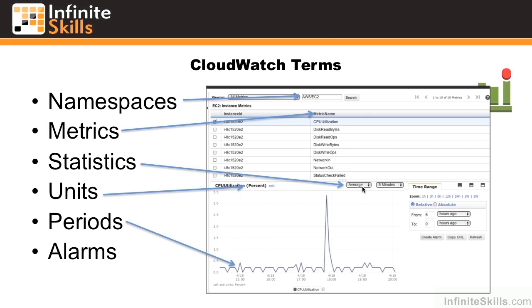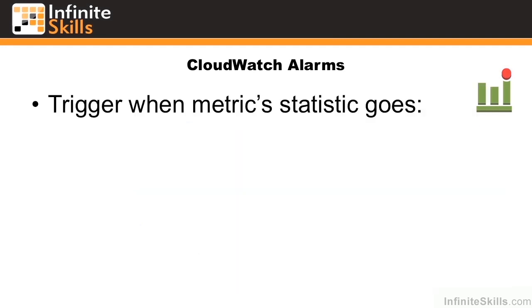Statistics are specified down here, and if I could select this drop-down box, I would also see sum, min, max, number of samples, and so on. The units depends on the type of metrics being measured. For example, CPU utilization is in %, but ELB latency is in milliseconds. And the periods are specified down here.